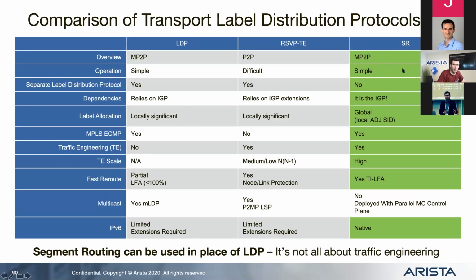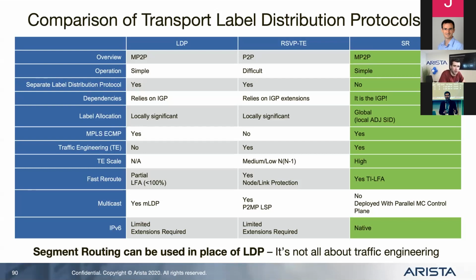So we gain simplicity from an operation perspective, because it's easy to deploy, easy to extend in the IGP. We're not specifying a separate label distribution protocol. We're using the IGP. The IGP is already there. OSPF or ISIS is already configured. It's already there, and we're leveraging that to distribute the labels.